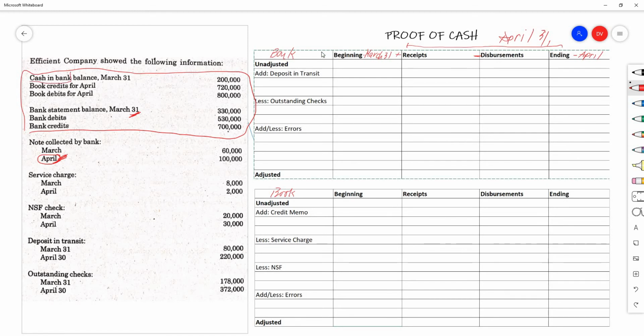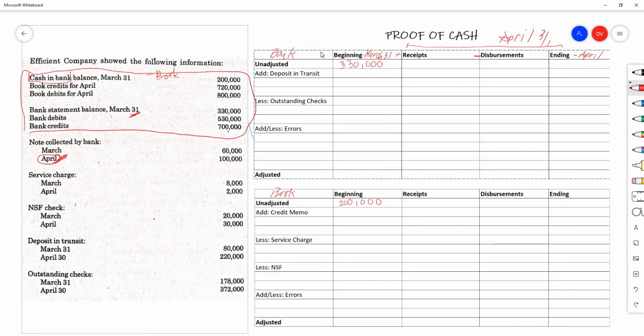Ang nagme-maintain ng cash in bank account ay ang company. Ang bangko, hindi yan nagme-maintain ng account na cash in bank kasi bangko na sila. Ang cash in bank sa kanila is cash on hand. So, sino nagme-maintain nito? This is actually the book balance. Ang book balance daw natin, unadjusted ng March 31, that is 200,000. Ang bank statement balance, beginning daw natin ay 330,000.